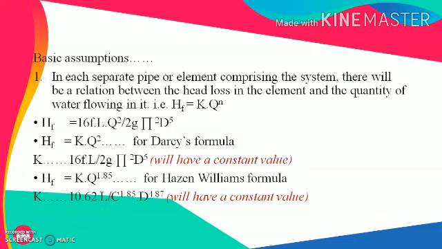Once again, all the terms in the calculation of K, like L, C and D, have constant values, so K also has a constant value, and when it is multiplied by Q raised to 1.85, we can calculate the head loss through the pipe.